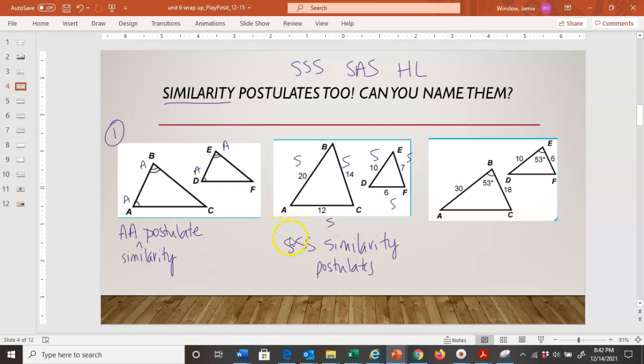So remember when we learned that shapes are similar, it means that their sides are proportional. So we could do 20/10 and 14/7 and 12/6. And these are all 2. So see, they're proportional. They all equal the same thing, so they are similar.